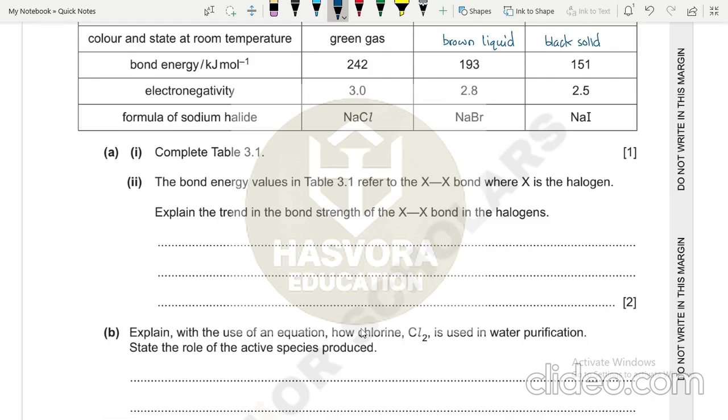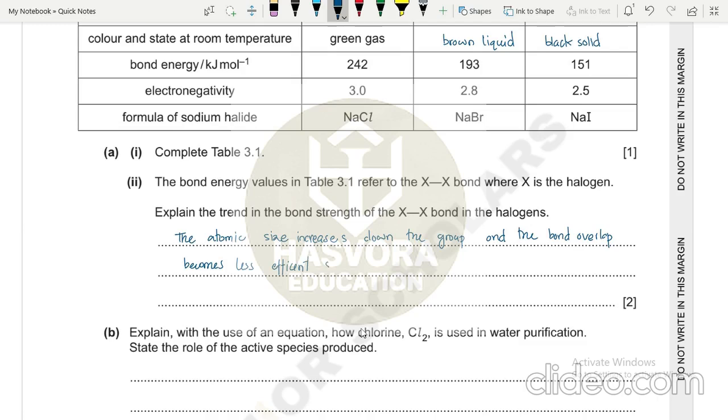So first of all, what we can write is that the atomic size increases down the group, and the bond overlap becomes less efficient, or you can also write they cannot hold on to each other, so less efficient.